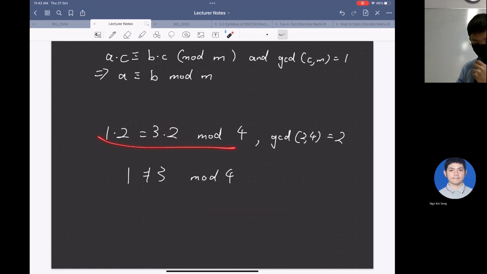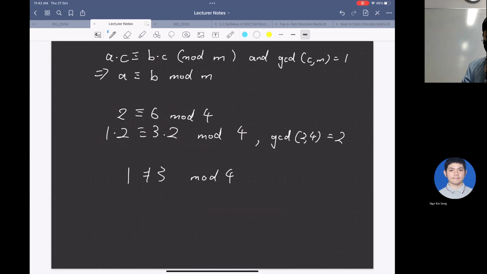Okay, and then this line holds, right? Because 2 is congruent to 6 mod 4, because 6 mod 4 is also 2 mod 4. The remainder is also 2, so they are the same.